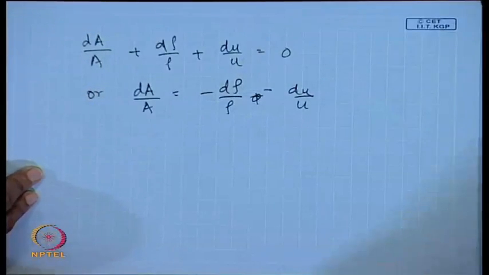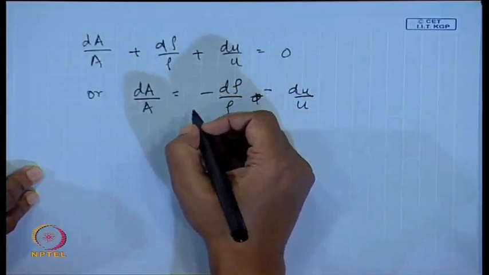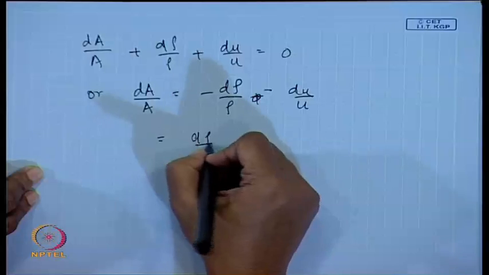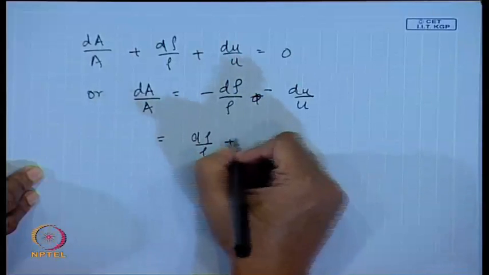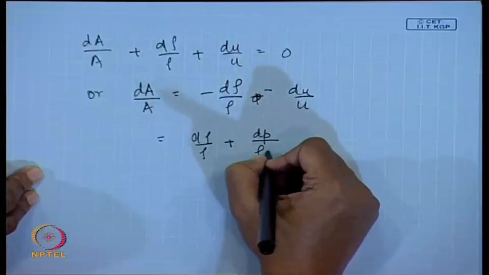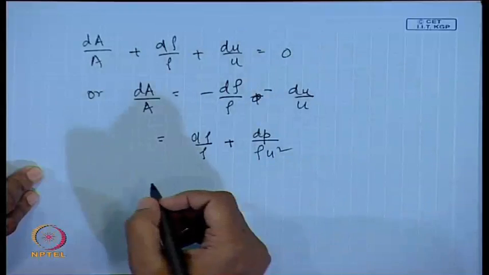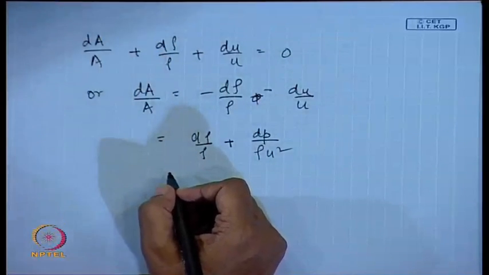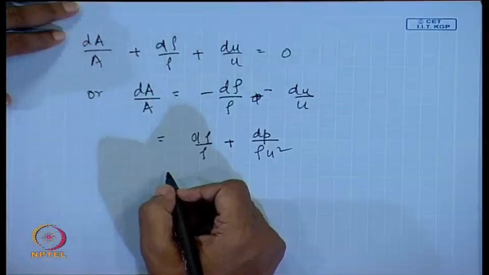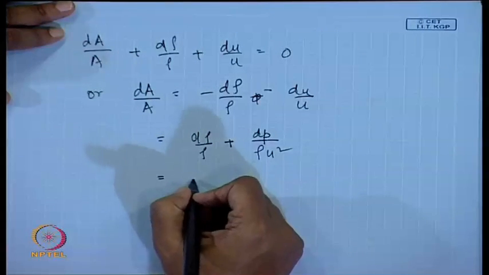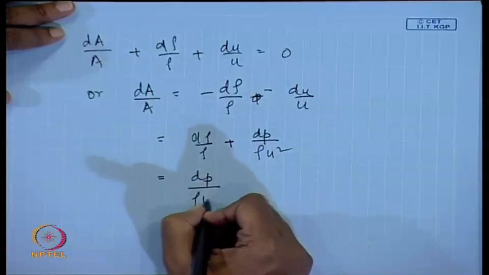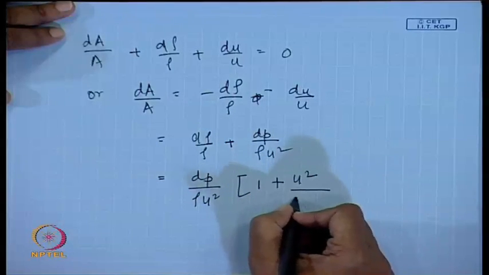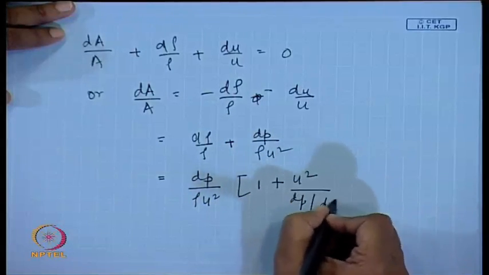If we do it, we get d rho by rho plus dp by rho u square, right, or in other words it can be written as dp by rho u square times 1 plus u square by dp d rho.